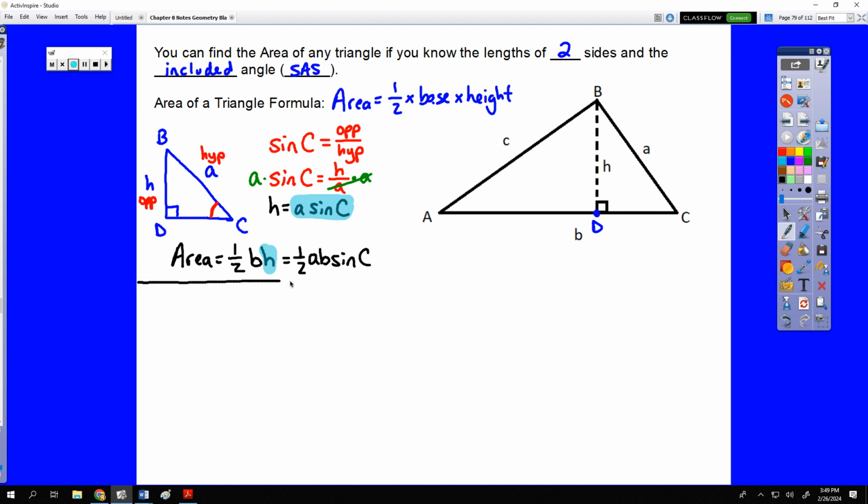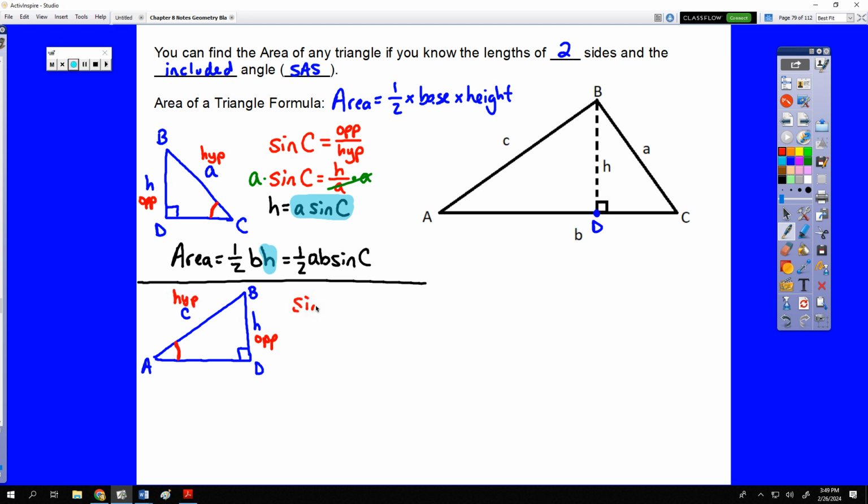Now, we could just as easily have done that from the perspective of triangle ABD. So here's that triangle, ABD. Okay, and again, we know that the hypotenuse of that triangle is side length little c, and the height, H, is still one of the side lengths. So now we're going to look at angle A. Well, for angle A, H is opposite, and C is the hypotenuse.